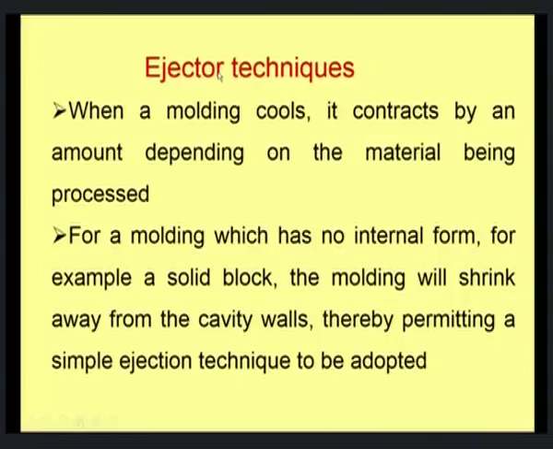Next, ejector techniques. When a molding cools, it contracts by an amount that again depends on the material being processed, that is the type of material, whether thermoplastic material or a type of polymeric material.